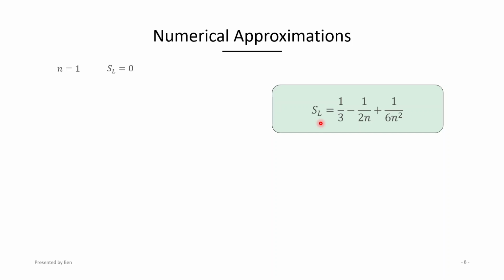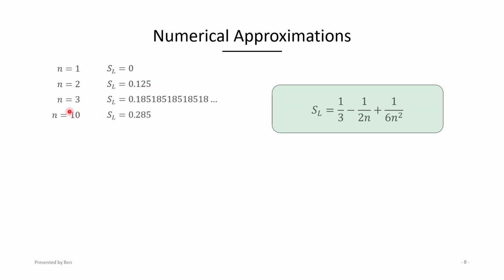For example, when n equals 1, this means we use the whole interval as a base. So the left endpoint will be 0, the height will be 0 squared, and the area will be 0. Of course, the sum will be 0. And when n equals 2, the total area is 0.125. And when n equals 3, it will be this value.